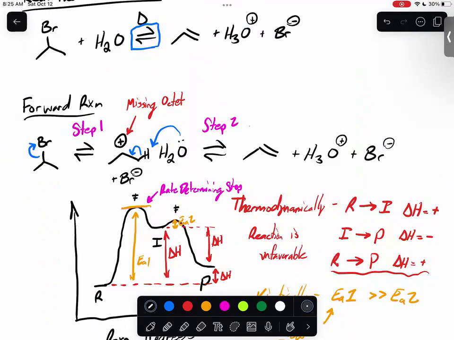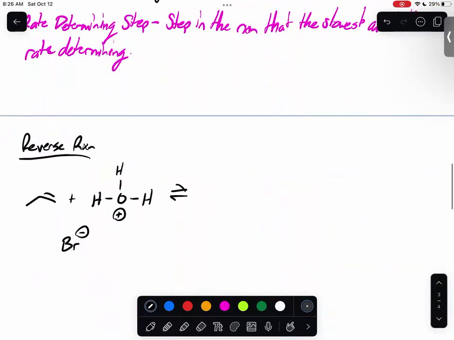For the reverse reaction, it should be the exact opposite of that. So it should be the alkene taking a proton from the H3O plus to form H2O and the missing octet carbon. If we were to draw that, the alkene has electrons, so it could pull from here. It's going to give us that proton right there alongside some H2O.